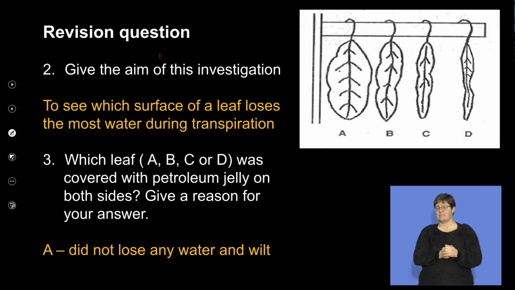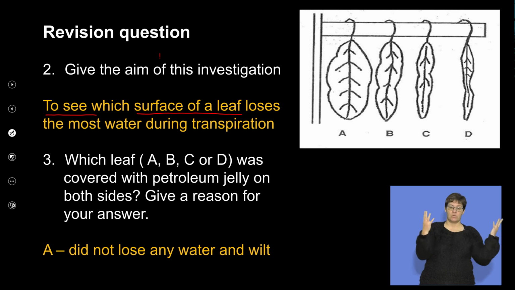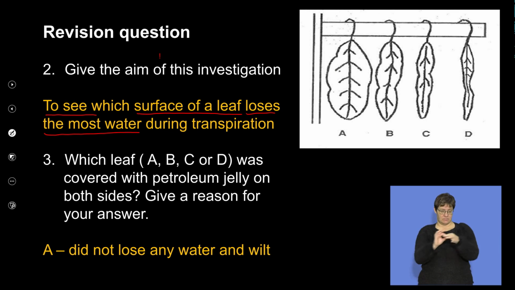So, in the aim, you're looking to see. That is your first word, your investigation word. Okay, then your second one is which surface of the leaf, top of the leaf, bottom of the leaf, loses the most water. So that's your relationship, loses the most water.